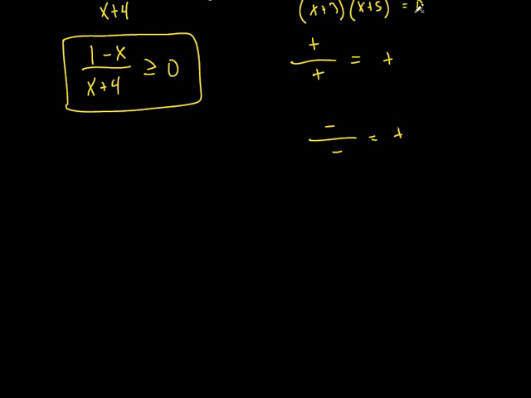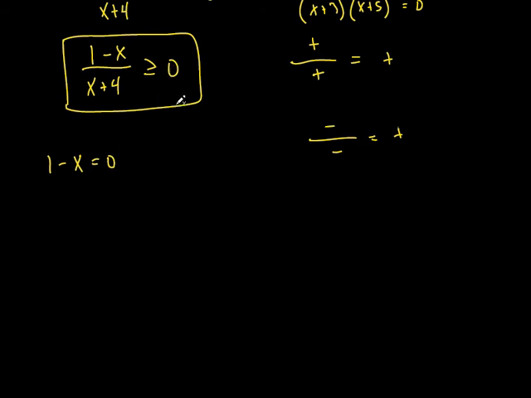I set this equal to 0, I got x equals negative 3, didn't I? And I said x plus 5 equal to 0, I got x equals negative 5. I'm going to do the same thing right here. So what I'm going to do is set them both equal to 0. So let's take the top and set that equal to 0. So 1 minus x equals 0.